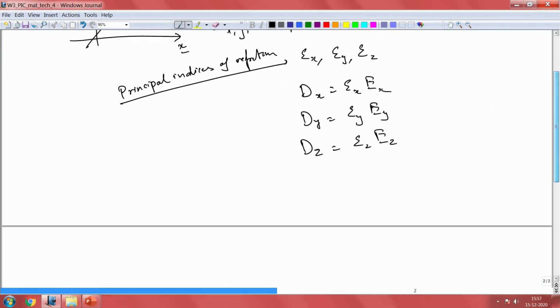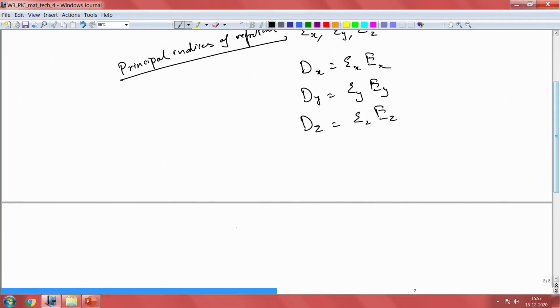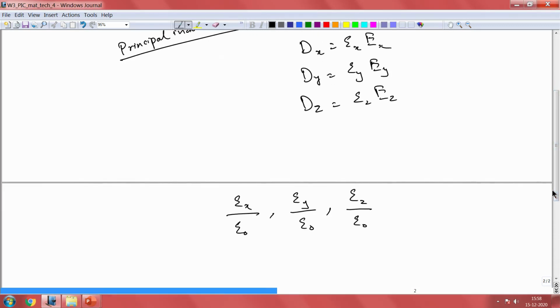as a tensor. So we could write this as epsilon x over epsilon naught, that is a relative permittivity, and epsilon z by epsilon naught. So these are all the eigenvalues of the dielectric constant tensor.